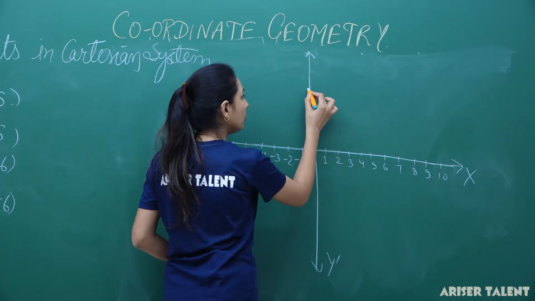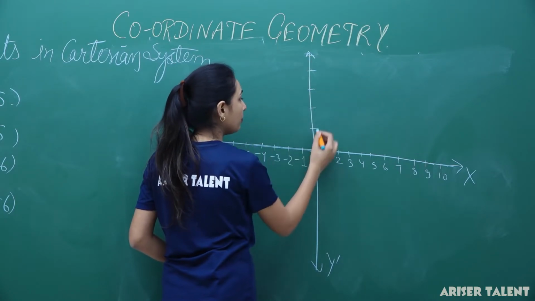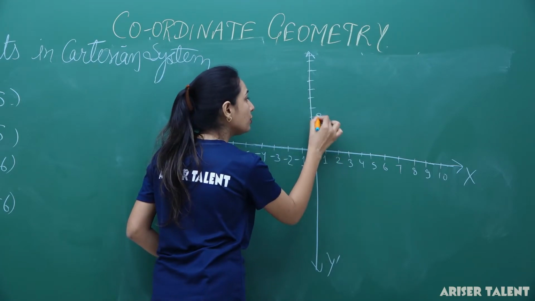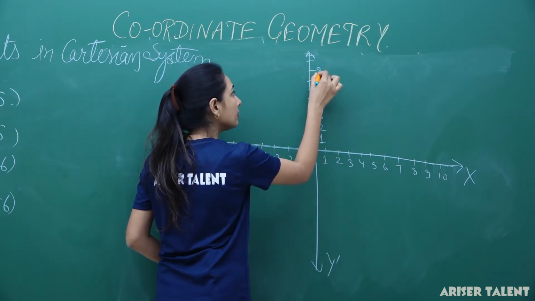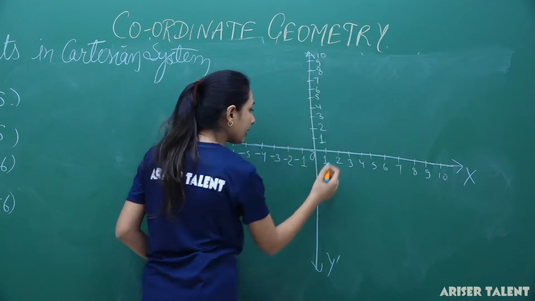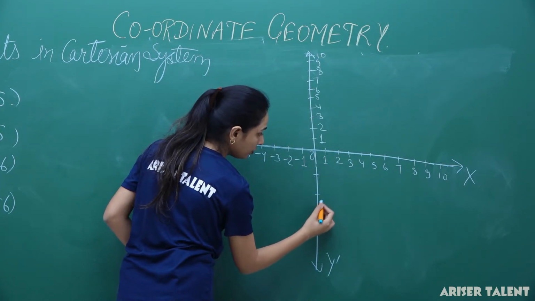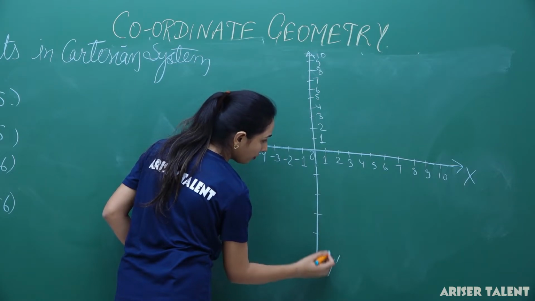So write the numbers 1, 2, 3, 4, 5, 6, 7, 8, 9, 10, and here again 1, 2, 3, 4, 5.